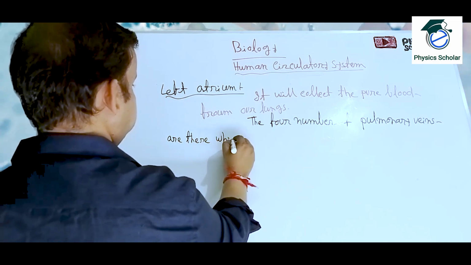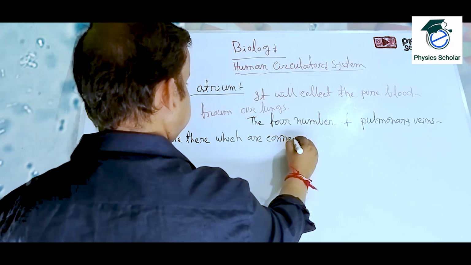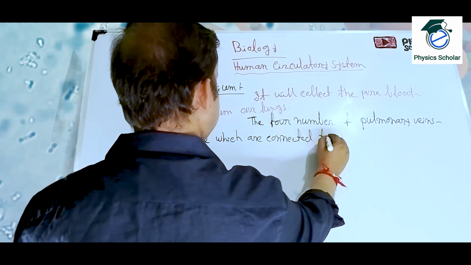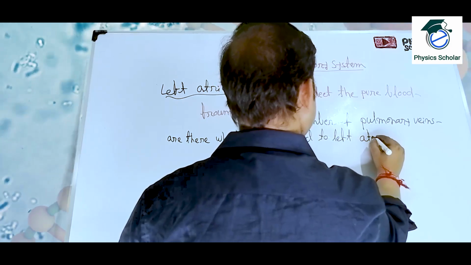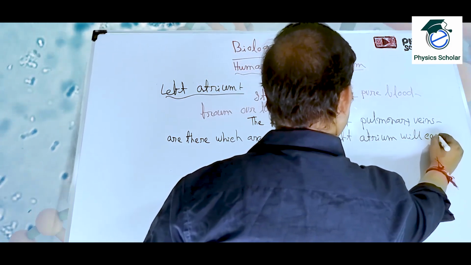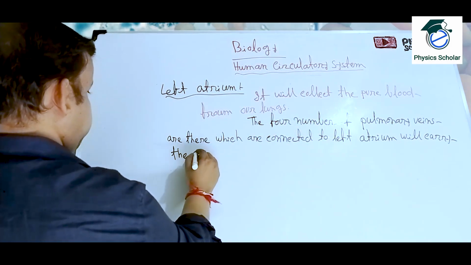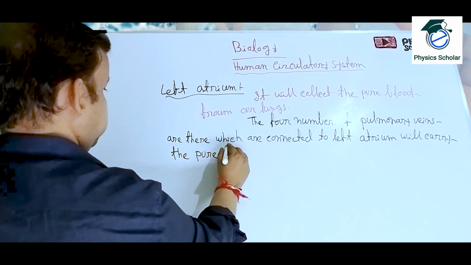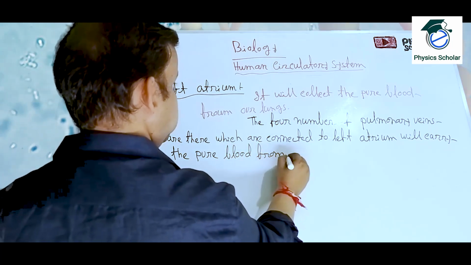which are connected to the left atrium, and will carry the pure blood from pulmonary.